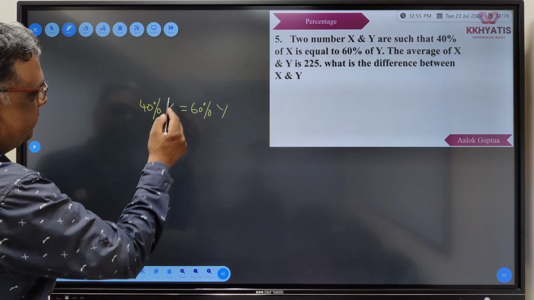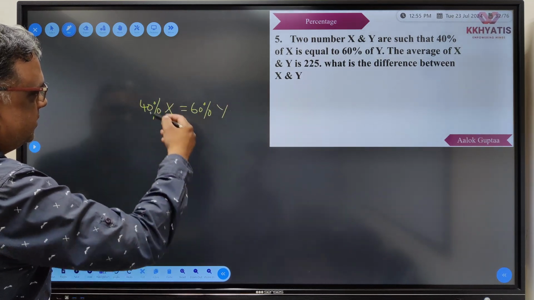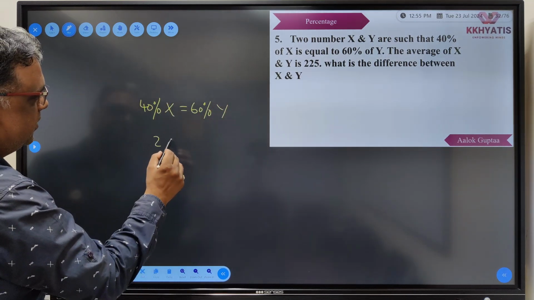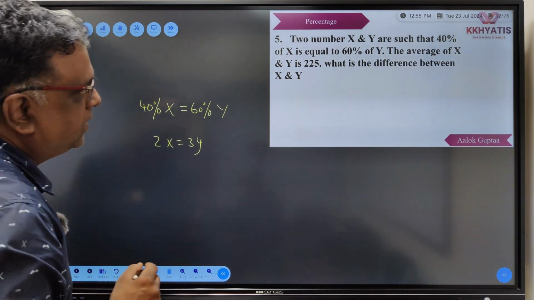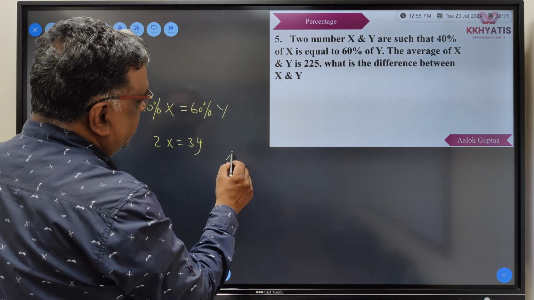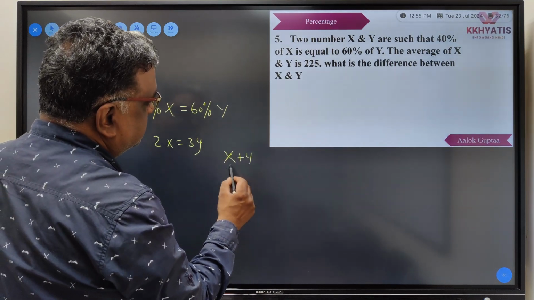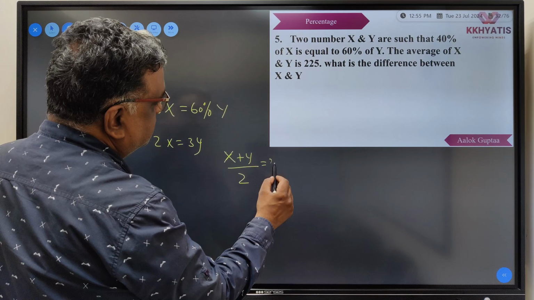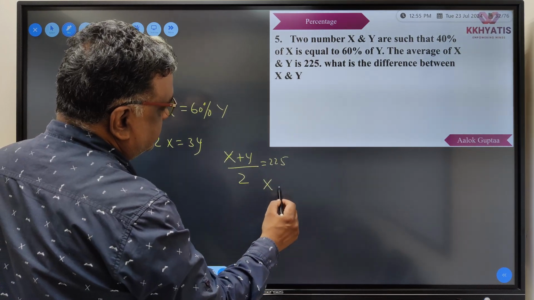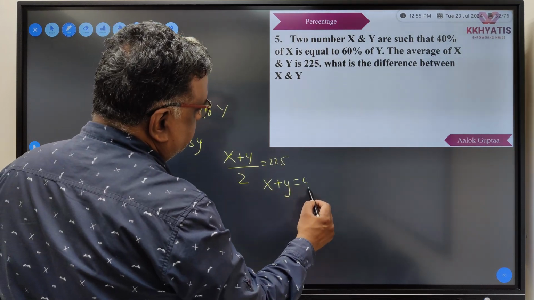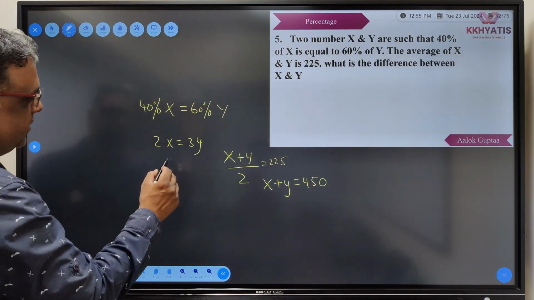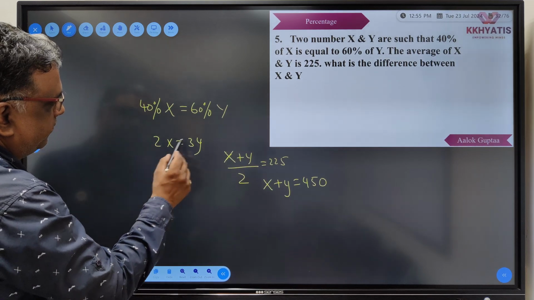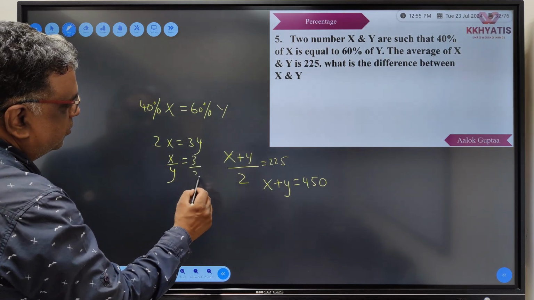Which means if I cut percentage, 2x is 3y. This is one thing which I have been given. And also I have been given the average of these two numbers, x plus y upon 2 is 225, which means x plus y is 450. And here the ratio is x upon y is 3 upon 2.